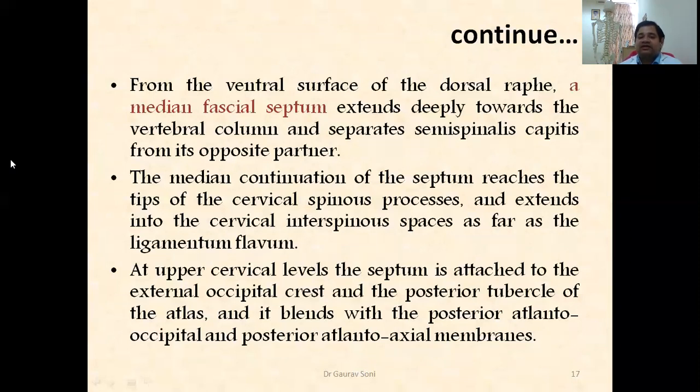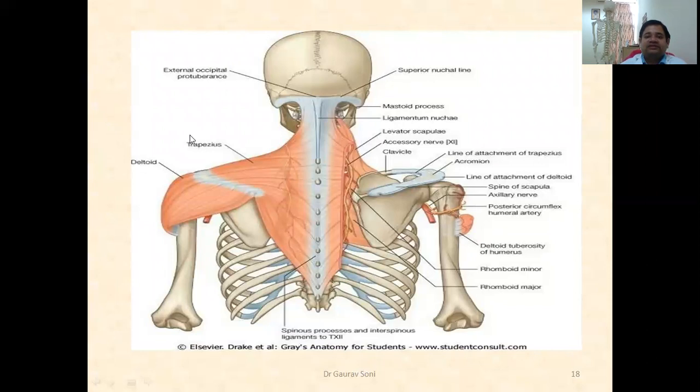At the upper cervical level, the septum is attached to the external occipital crest and the posterior tubercle of the atlas, and blends with the posterior atlanto-occipital and posterior atlanto-axial membranes. So this is the total description of the ligamentum nuchae. Again, you can see here this particular line is the ligamentum nuchae, and it is continuous also.